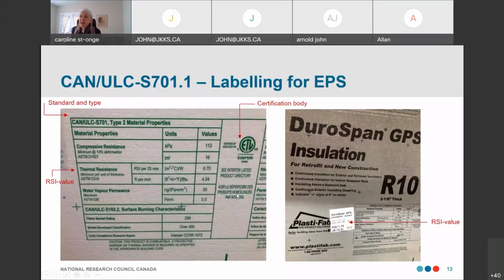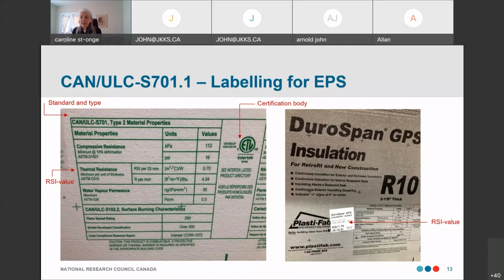So I'm back to the S701.1 standard for EPS, and I just want to show a few key things with respect to labeling. Most of the insulation standards require for labeling that, of course, the product name must be stated, the manufacturer's name must be stated, the location of the facility where the product has been manufactured, is it in Canada, US, in China.